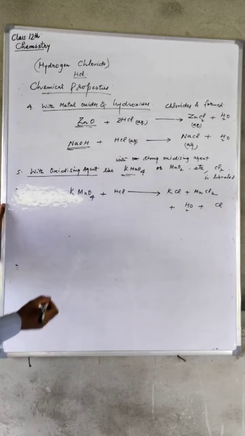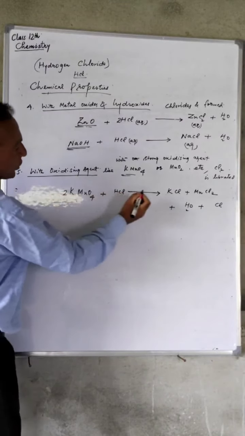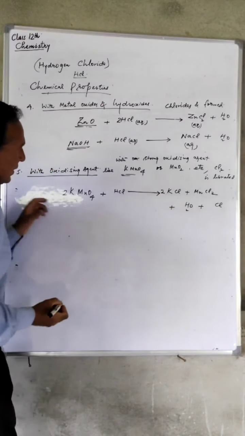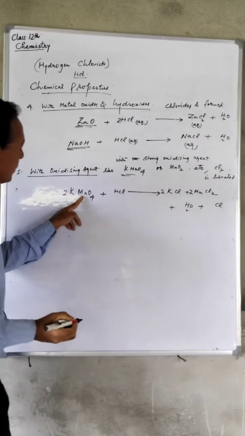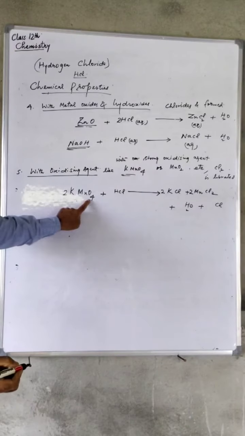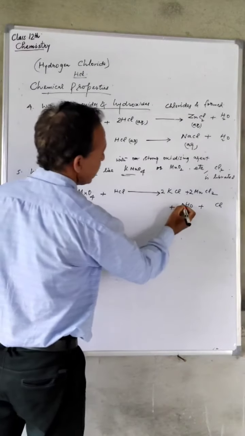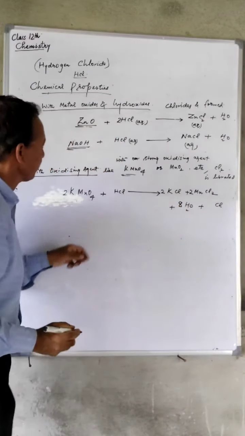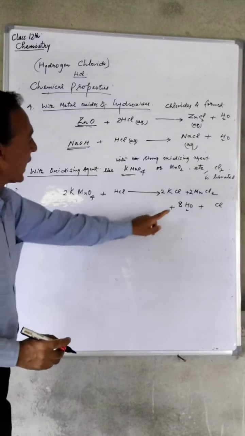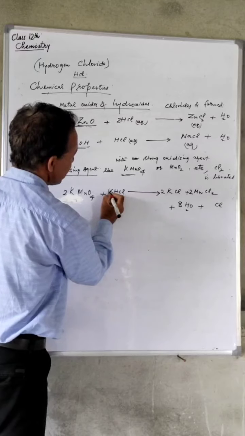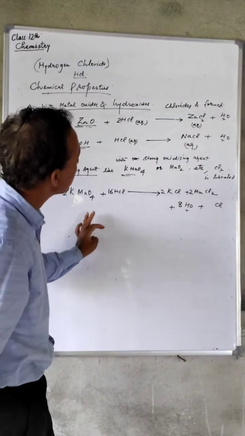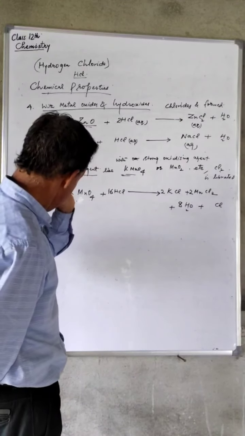Now we will balance the reaction. We will take twice KCl. Mn is twice MnCl2. Oxygen is 8 times, 2 4s are 8. We will take this 8 times. Now, hydrogen is 8 and 2 16 times. We will take this 16 times. And now we will balance the Cl.